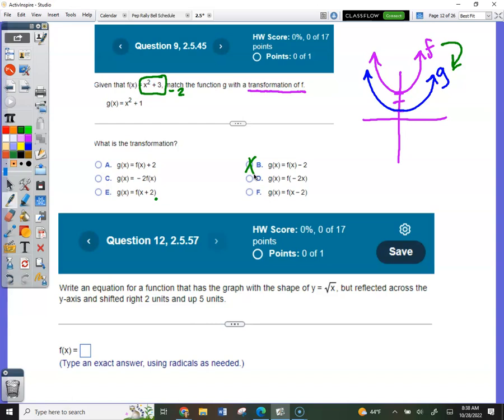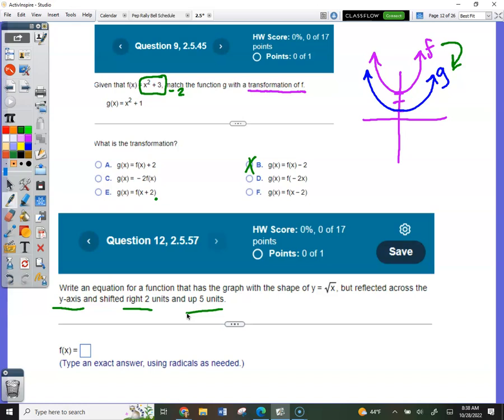This one right here, write an equation for the function that has the shape of y equals the absolute value of x, but reflected across the y-axis, shifted right 2 and up 5. Okay, so right 2 and up 5 should be the ones you prefer. When it's reflecting over the y-axis, that means what is going to go in the equation? Any reflection means there's a negative.